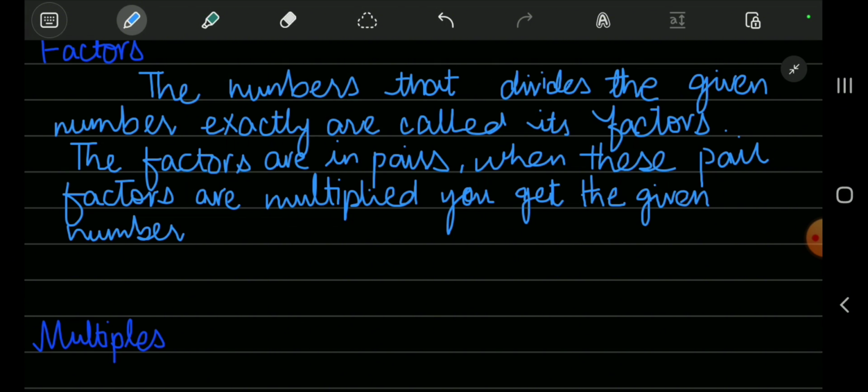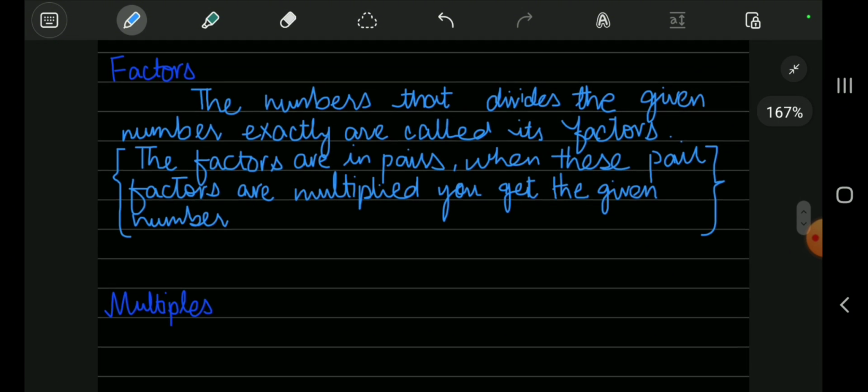Okay, this is just extra information. Now let's understand this all with the help of examples.